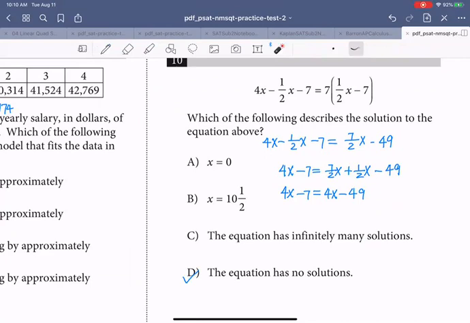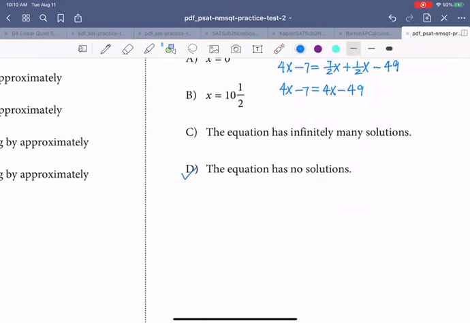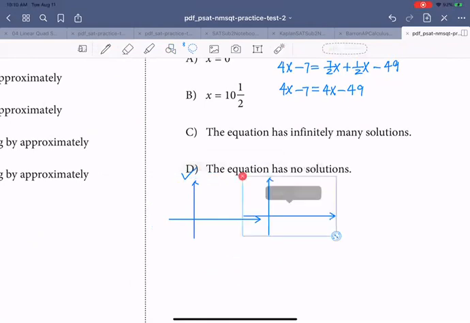Remember when we learned about this, there are 3 different scenarios for linear equations, okay? When we learn things, we want to summarize the thing we learned before. So this is the x, y coordinates.